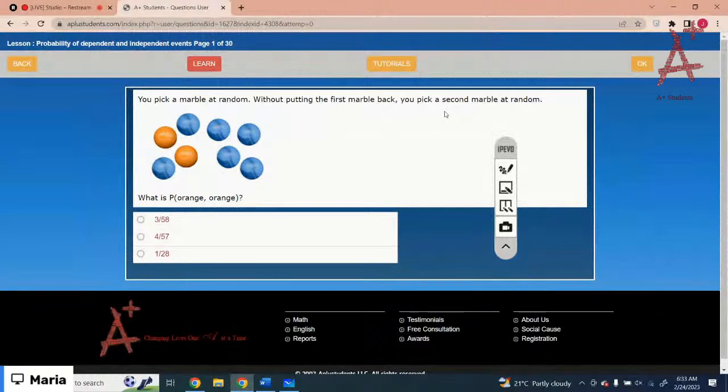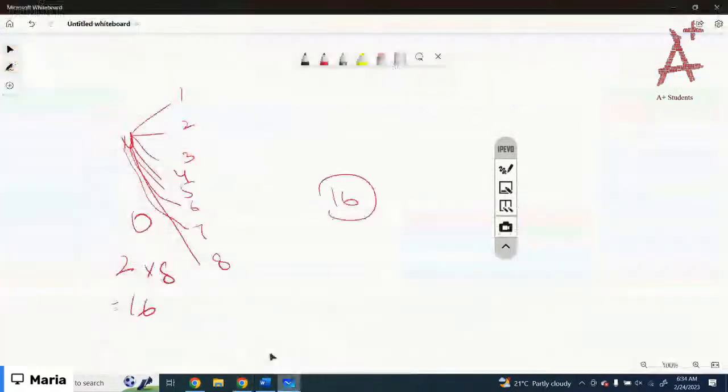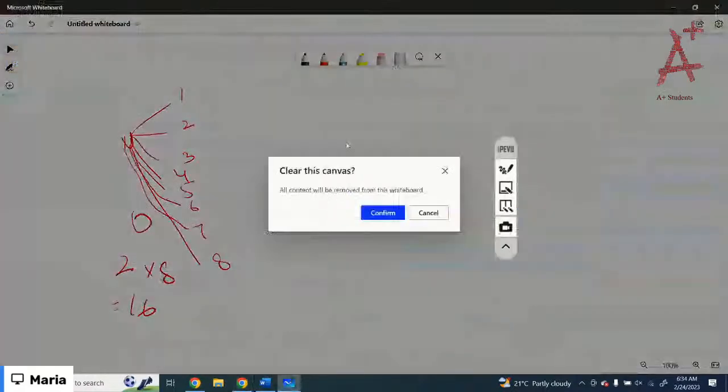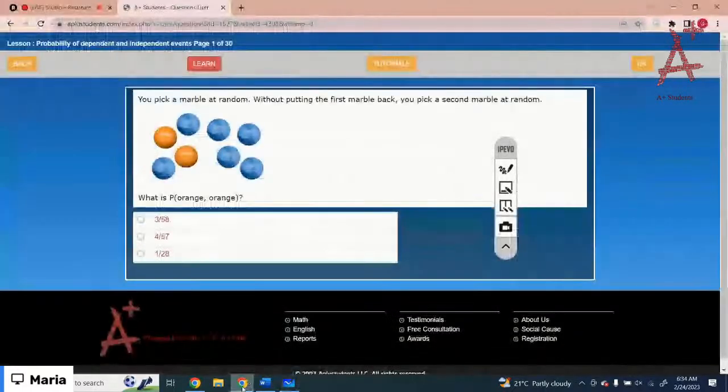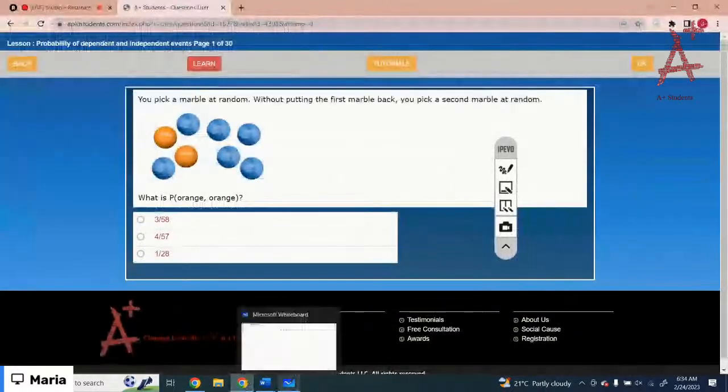Got it? Because first you selected the marble from 8 marbles, but the second time you have 7 marbles. Got it? They are dependent events. You have to calculate the probability of getting orange and orange.